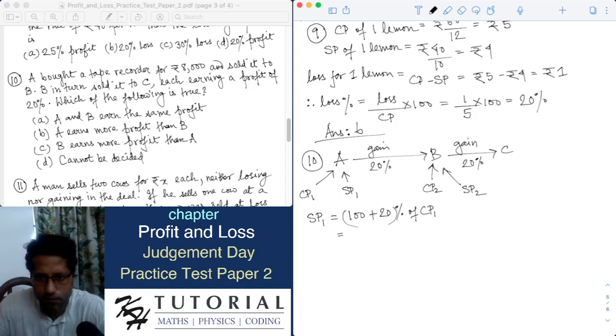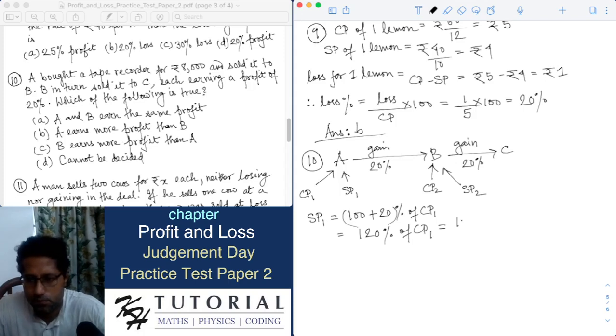This is equal to 120 by 100 multiplied by CP1.